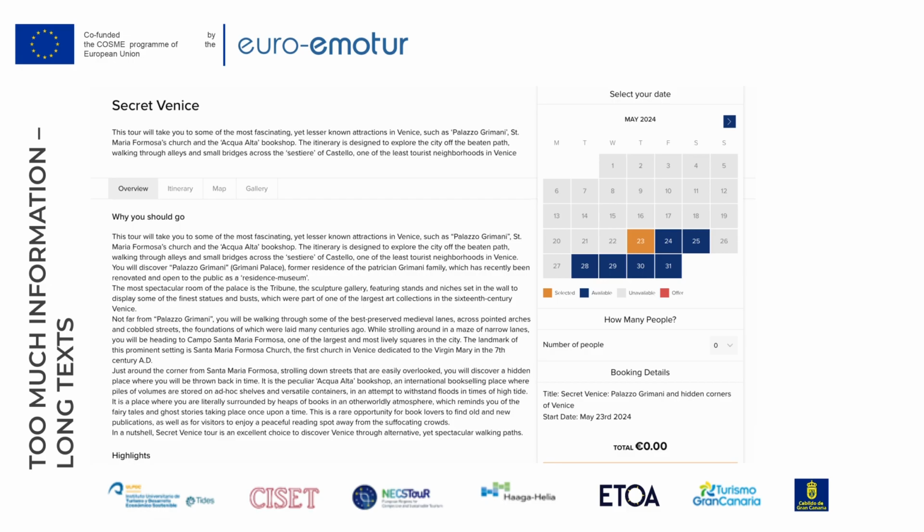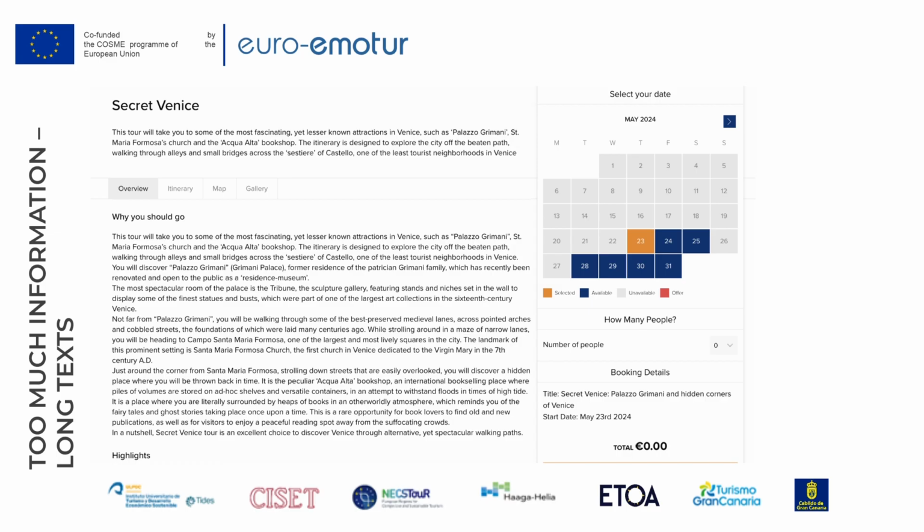Tourist businesses often have a lot of information they need to provide to their clients: the kinds of services they offer, the different kinds of rooms, tours, experiences, activities, information about the destination, and so on. So there is a lot of content on a tourist website, and this often translates into very long text.